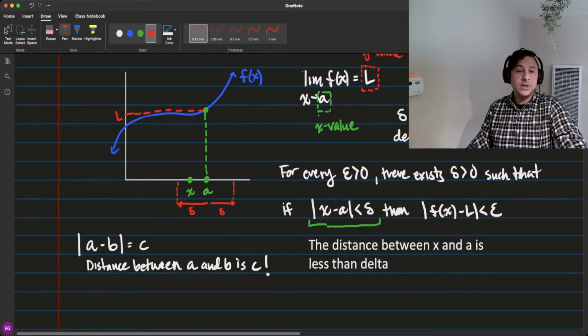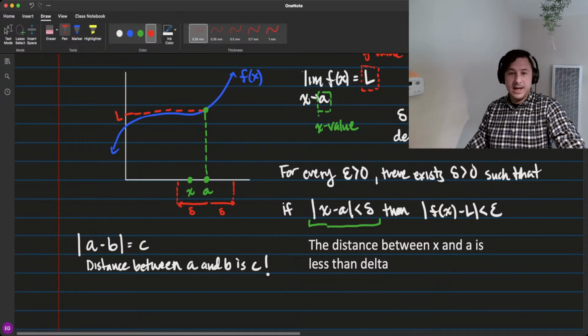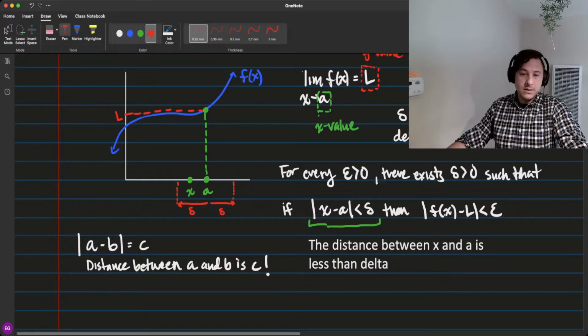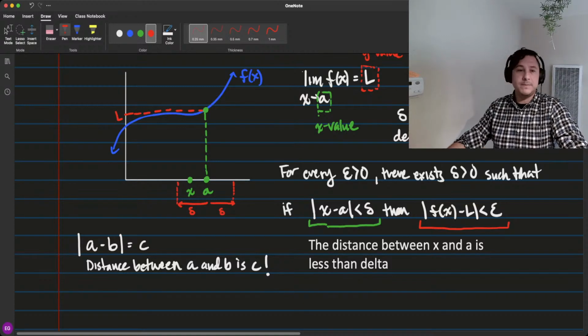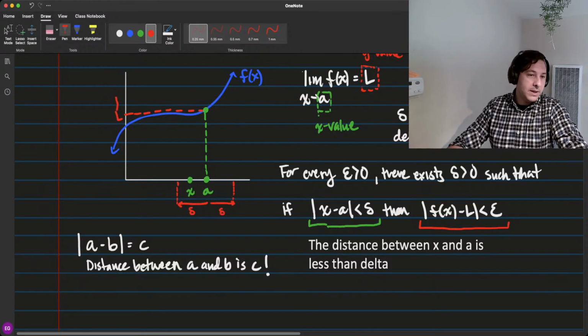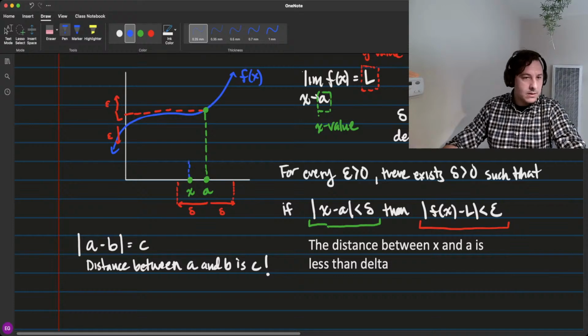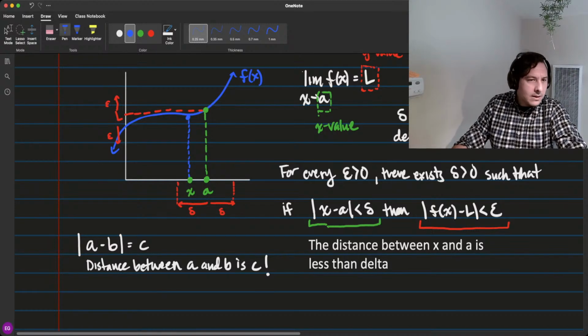Okay. So if your x is close enough to a, this is telling you that the distance between f of x and L will be less than epsilon. So if L is up here, you can go a distance epsilon that way, and a distance epsilon that way. And what we now know is that f of x ends up on the y-axis right here, there's f of x.